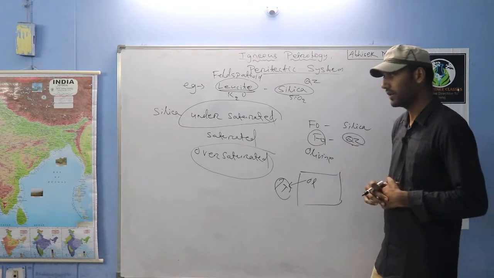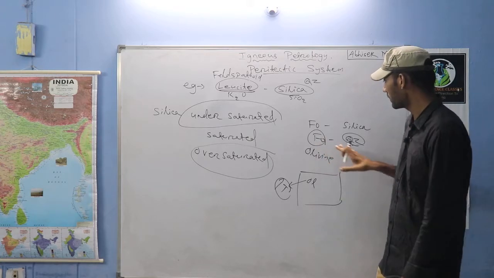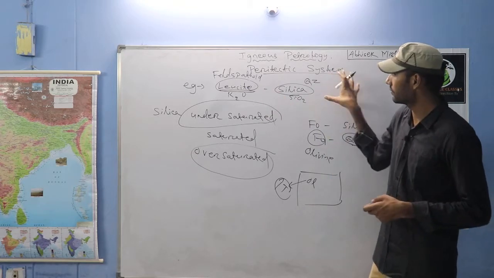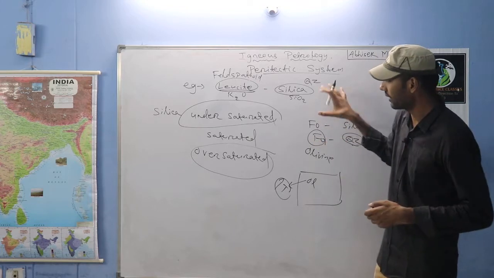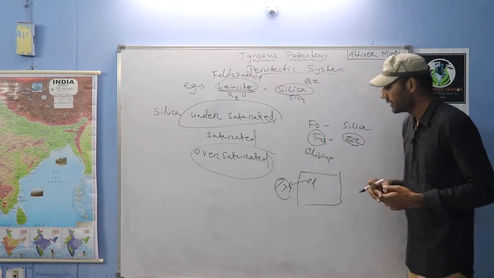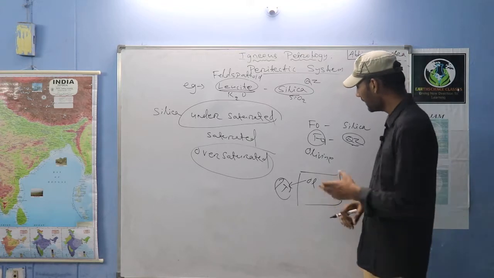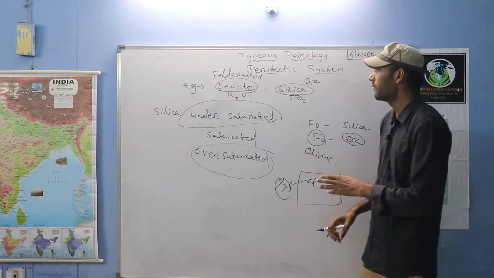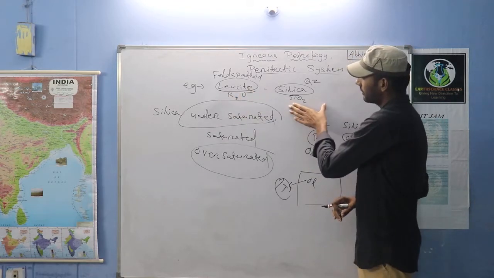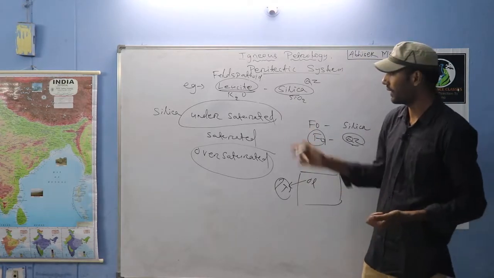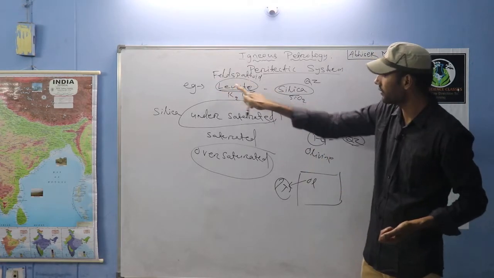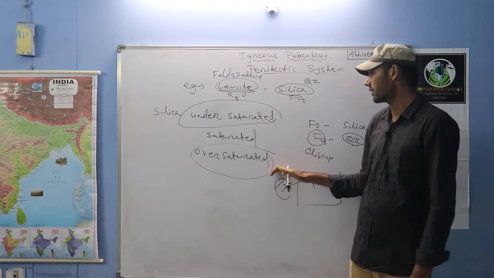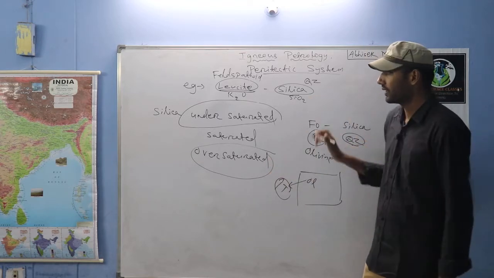Now we will see the temperature composition diagram, or the phase diagram, of this system, forsterite and quartz, similarly leucite and silica. I will describe the peritectic system here. Then you will get to know why this forsterite is not coexisting with quartz, why leucite is not coexisting with silica, or why these undersaturated minerals cannot coexist with an oversaturated mineral like quartz.